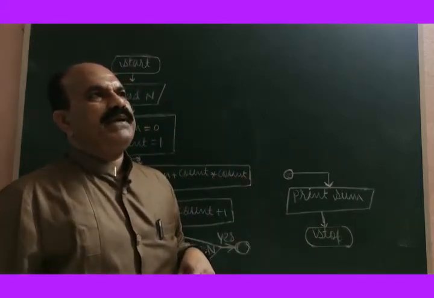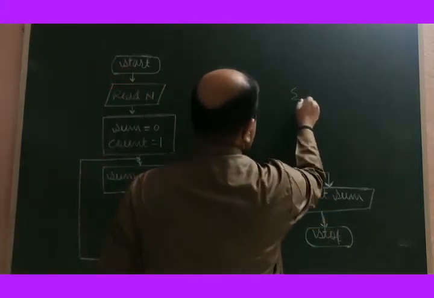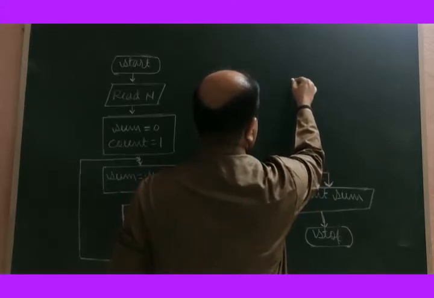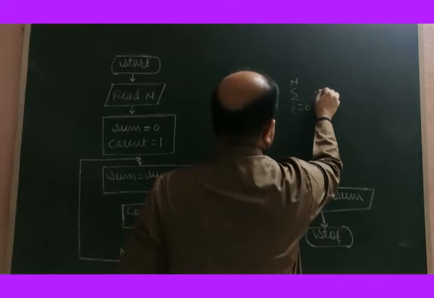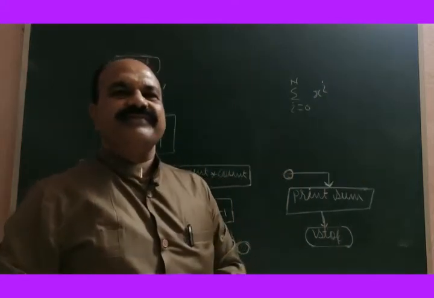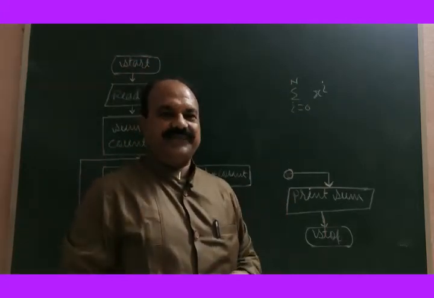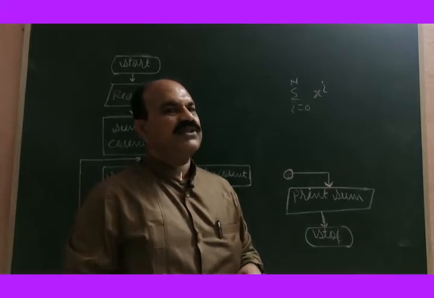Now let me consider the series summation of I is equal to 0 to n x to the power I. You are given this series. Earlier the series was different.